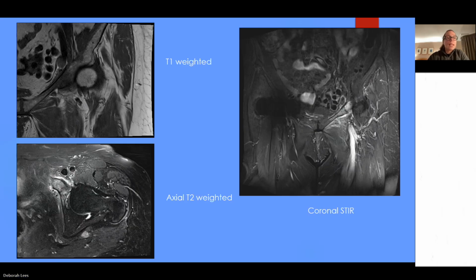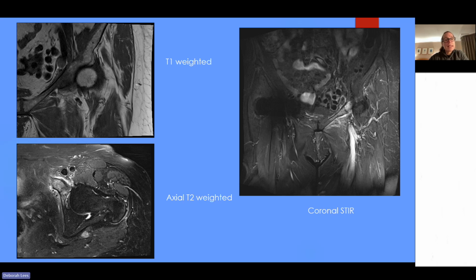So here I've put in part of your hip. So here's your ala, there's your femoral neck, there's the acetabulum. This is coming down into the pubic ramus, and there's been a subtle fracture there on your pubic ramus.